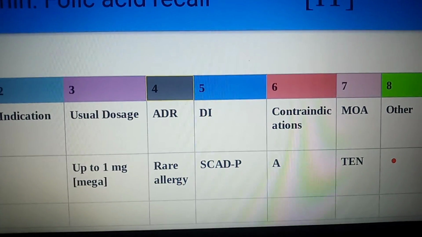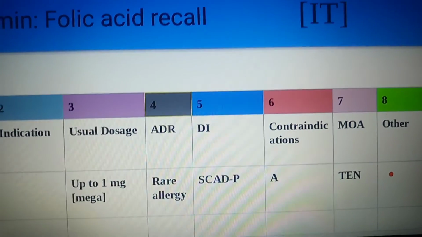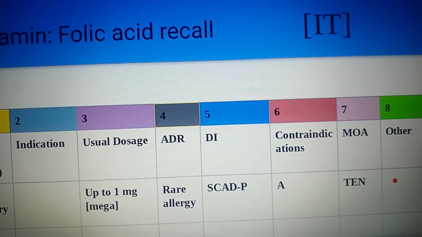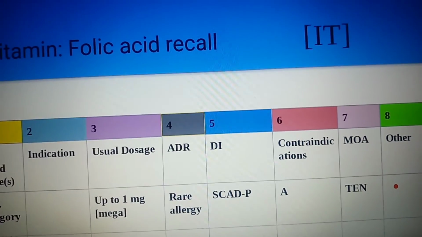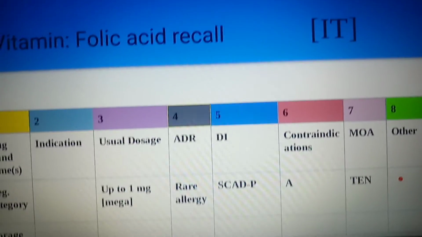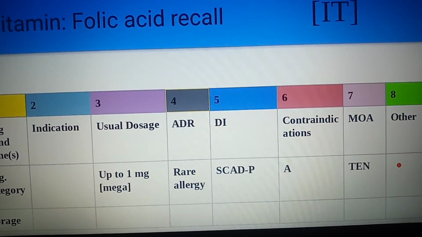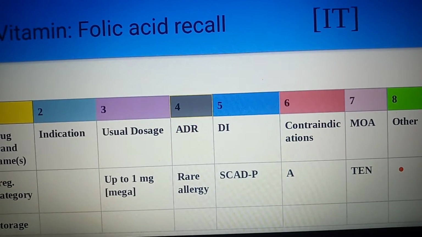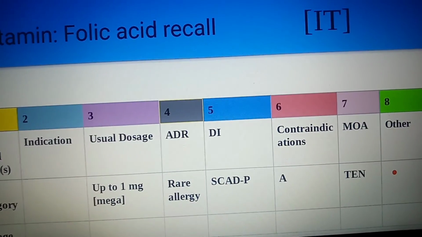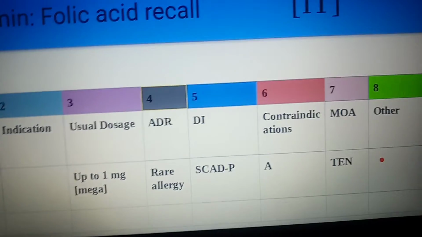Contraindications mnemonic was just ALA, and then mechanism of action was it's used in the synthesis of DNA, and then remind the patient that in cases of pernicious anemia, it's given for life. In patients who are just deficient of vitamin B12 due to diet or something that can be corrected, if the correction is made through lifestyle modification, then the patient can be switched to an oral dosage form, as opposed to a parenteral form.